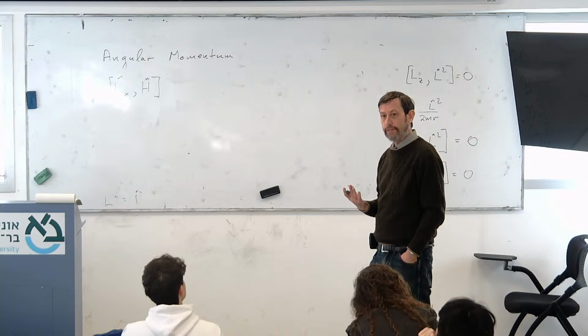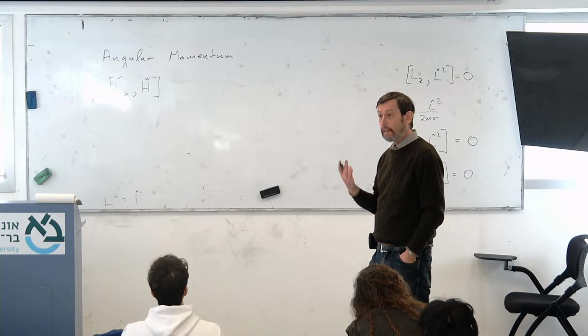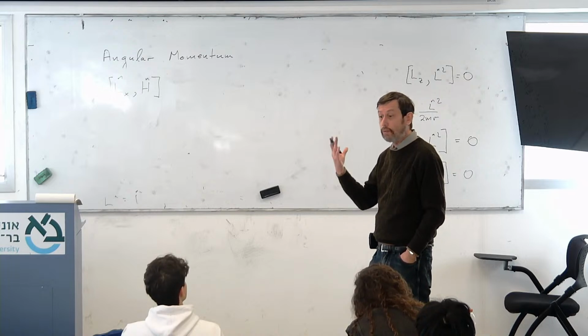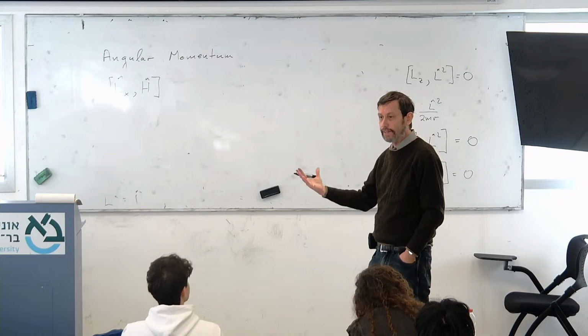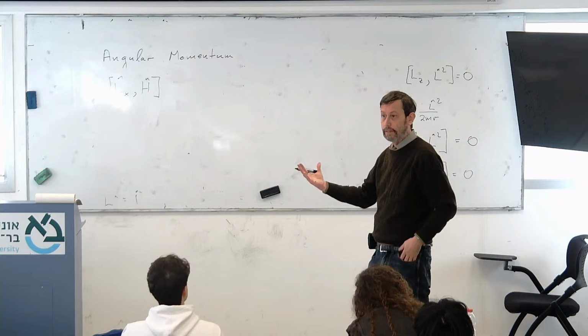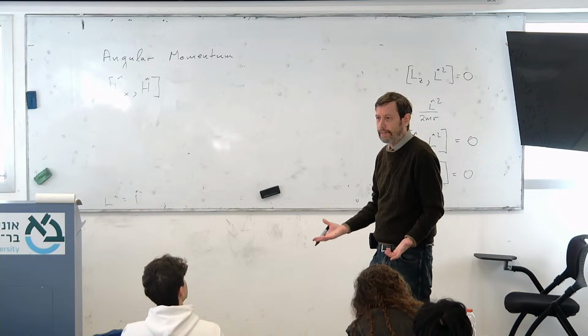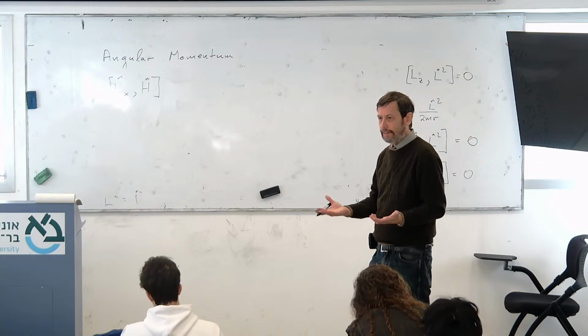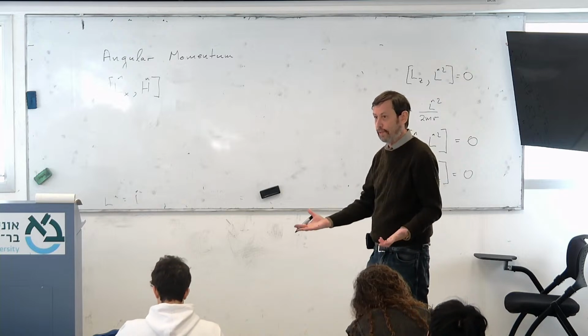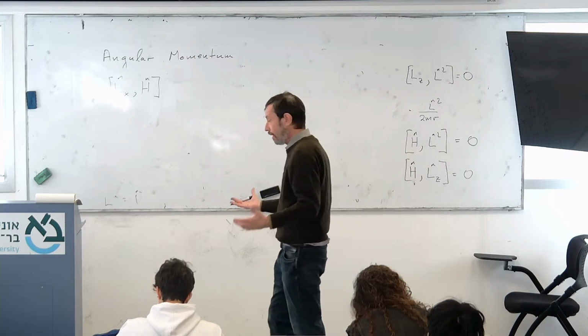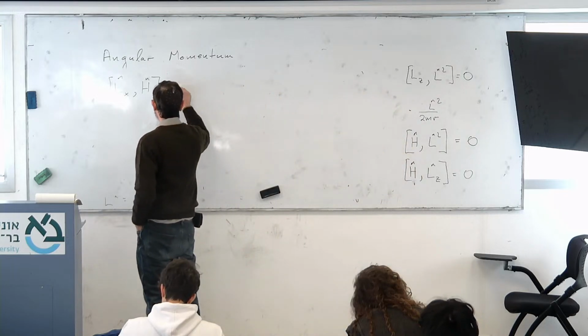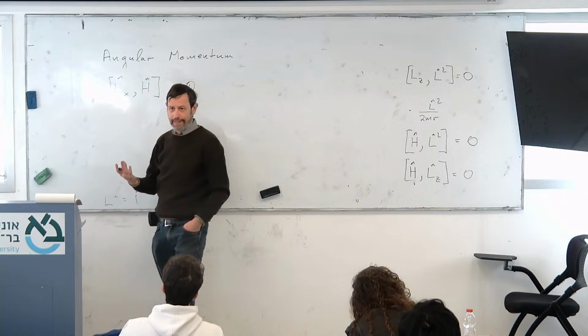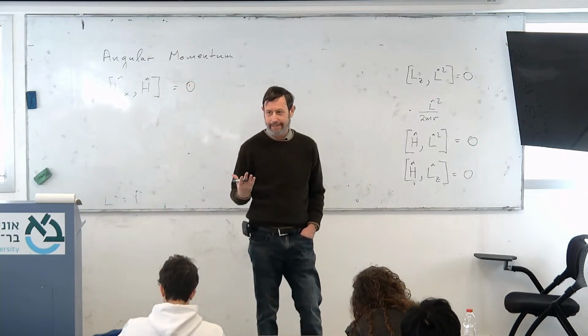Or you could be a physicist and say Lx is equivalent to Ly, equivalent to Lz. It's just a definition of a basis. Lx is a physical operator. It represents something I measure. If I commute with Lz, I commute with Lx.